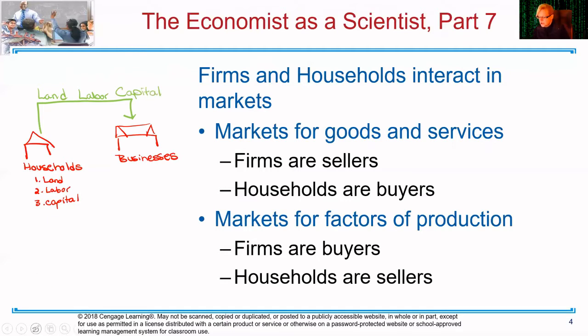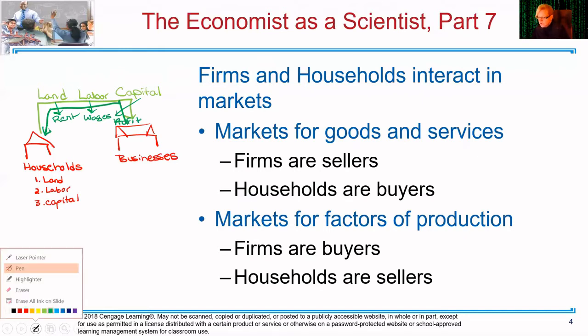Households are receiving a corresponding revenue stream, and that corresponding revenue stream, as we just spoke about, is rent, wages, and profit. Now, this is the labeling part I was talking about just a moment ago.